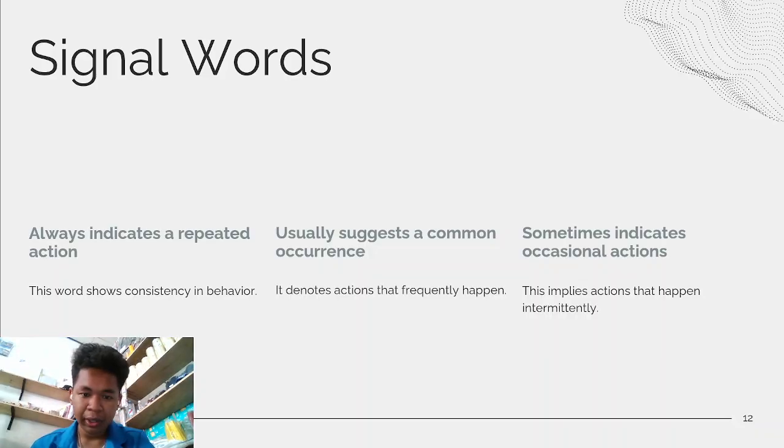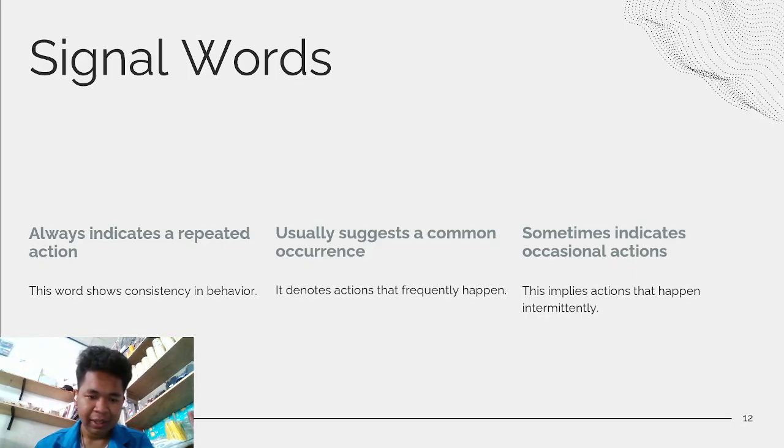For the signal words, we have three. The first, always, indicates a repeated action and usually suggests a common occurrence. Sometimes indicates an occasional action. In the first, this word shows consistency in behavior, so we use simple present tense for repeated action.